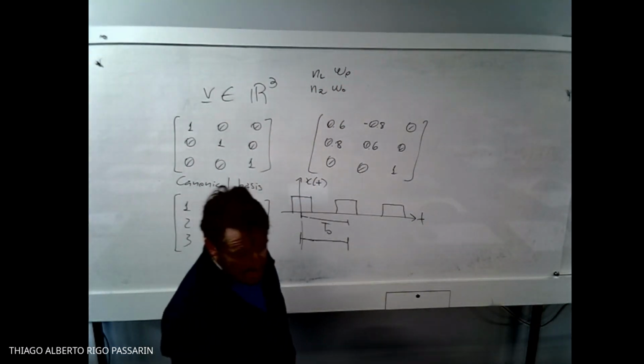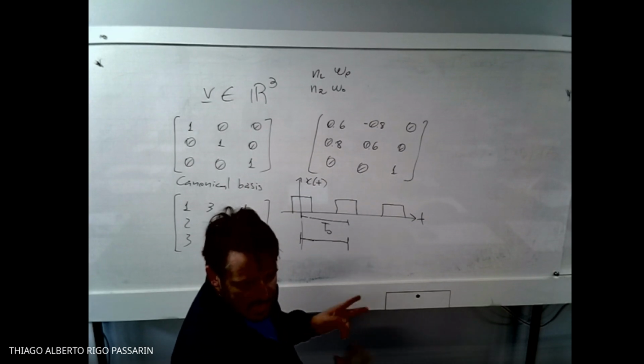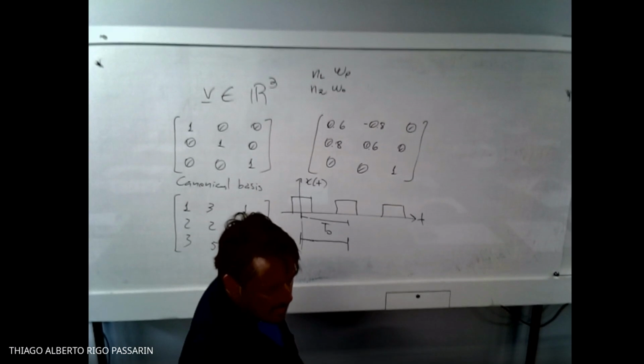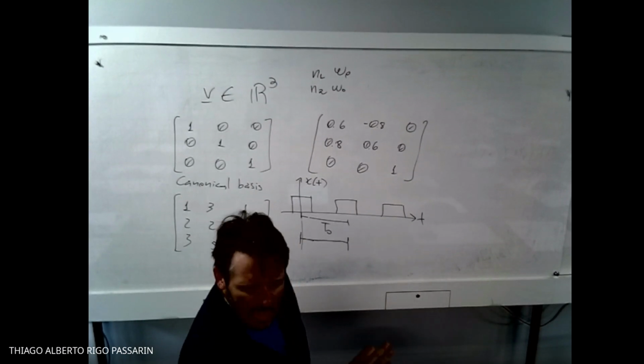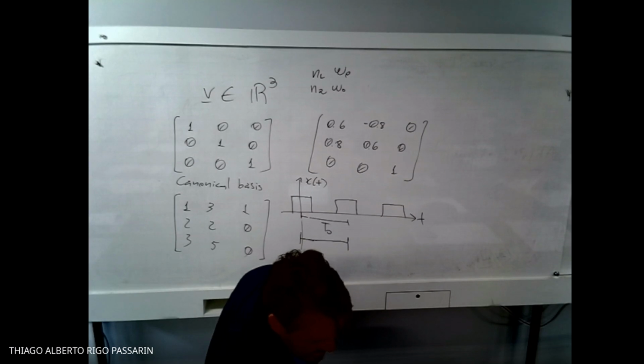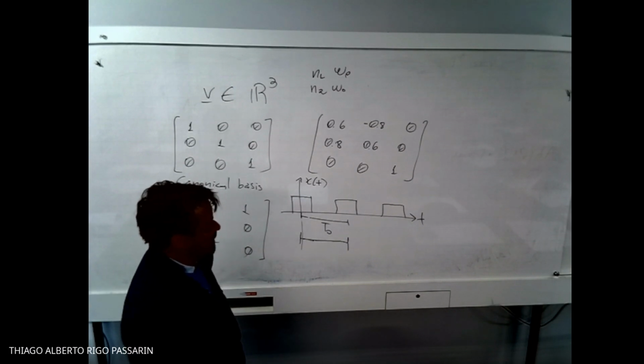So this script shows us that for any N1, N2, which are different among them, the inner product is 0. So we demonstrated empirically that this set of vectors is orthogonal.